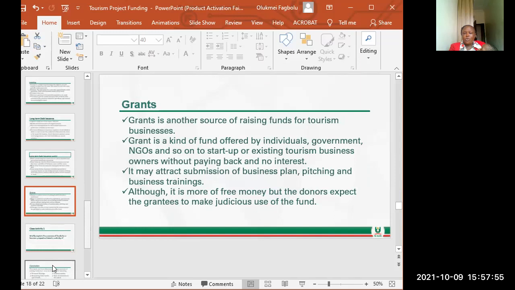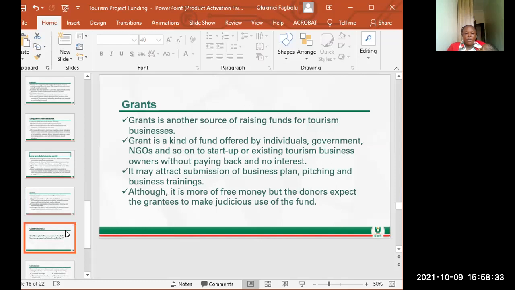They might ask for your business proposal, and it can usually be offered by an individual, government, or NGO, either to start-up owners or existing tourism business owners, without paying back. You don't pay back the money, unlike other sources, and it attracts no interest as well. So it's just for you to make use of the money very, very well. Make judicious use of it.